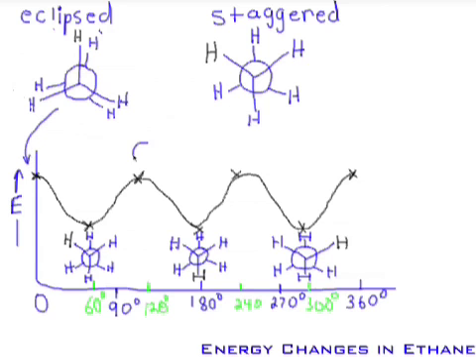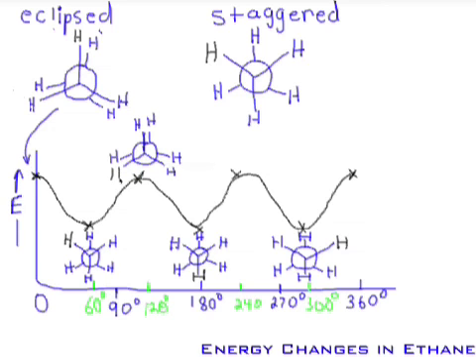And we can draw eclipsed here. If we do that, we've got H, H, H, H, H, and the black hydrogen is here.